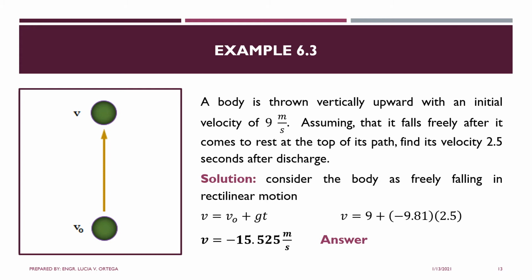And since it is going up, G is negative. So substitute the given values: V is 9 plus negative G times time. And you will get V is negative 15.525 meters per second. So we get the same answer considering freely falling bodies and the impulse momentum equation.